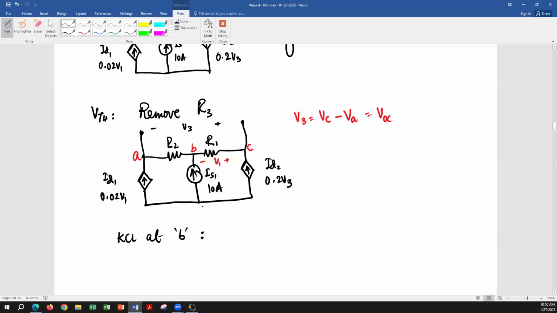Anyone else? ID1 plus ID2 plus IS1 all are going towards node B. ID1 is going towards node B. ID2 is going towards node B. It's not going to go here, it's open circuit, so this current is going to go here. And IS1 is going towards node B.